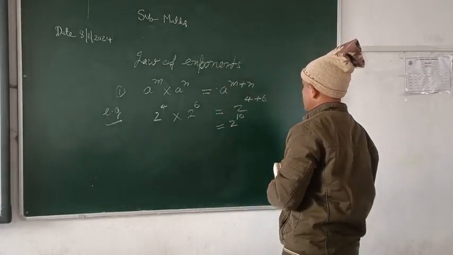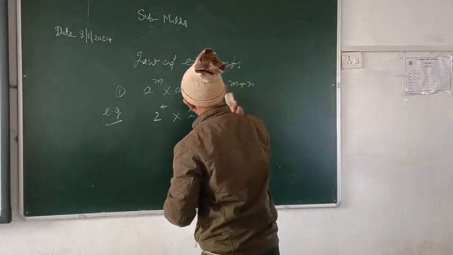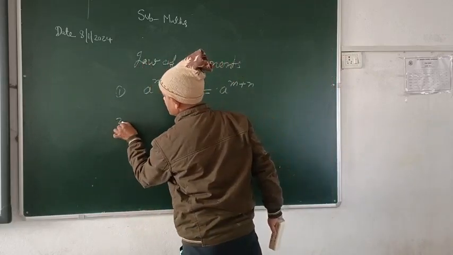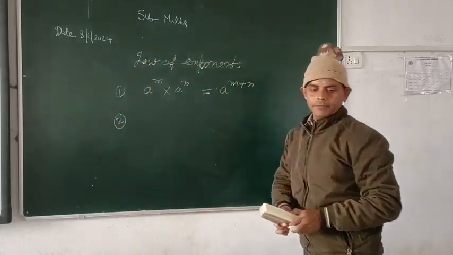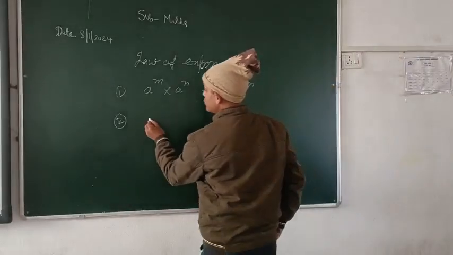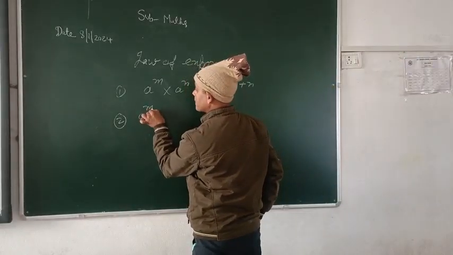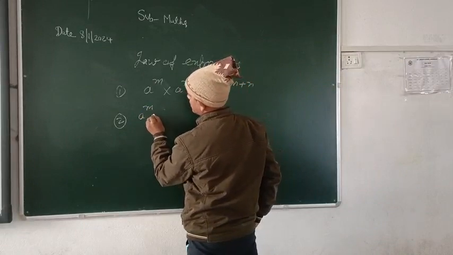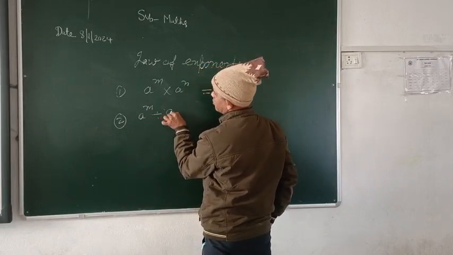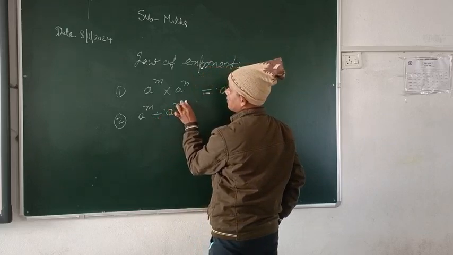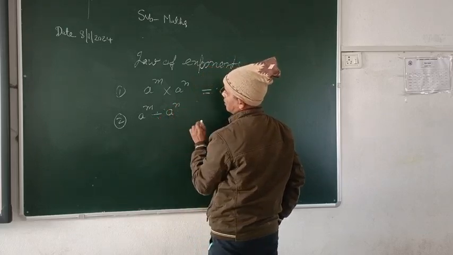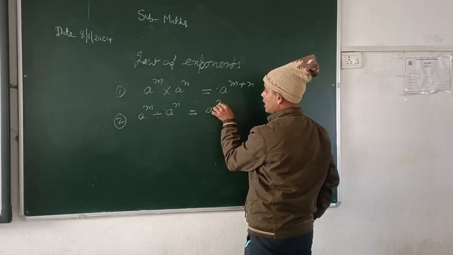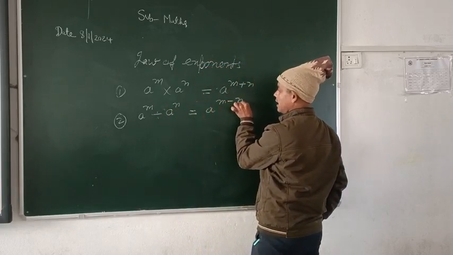And next, a to the power m divided by a to the power n, and then it will be a to the power m minus n.